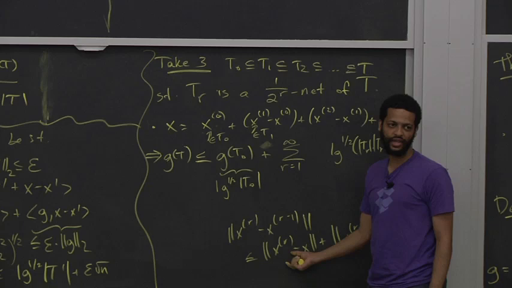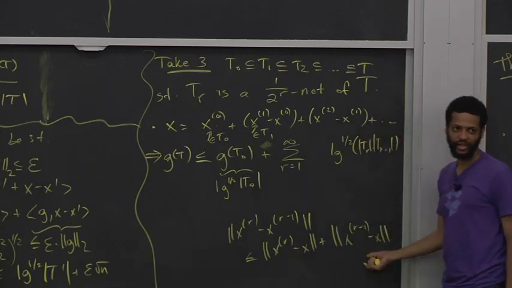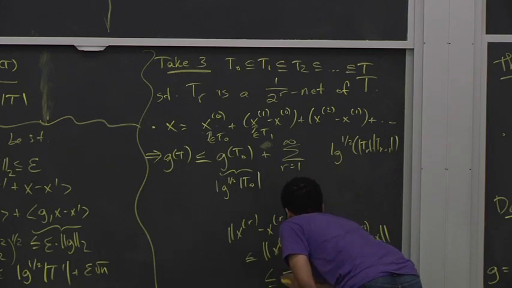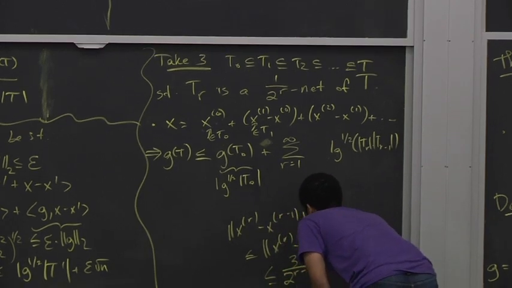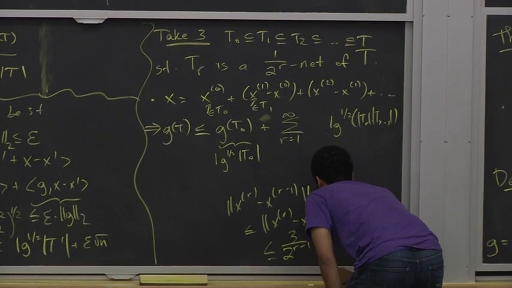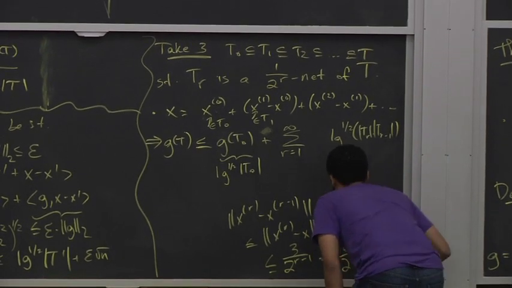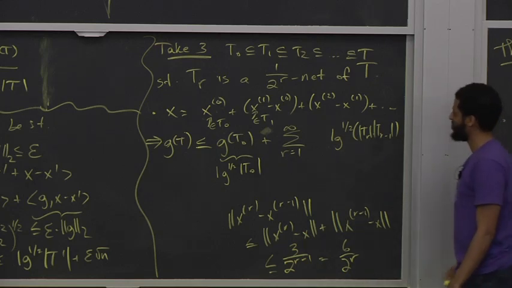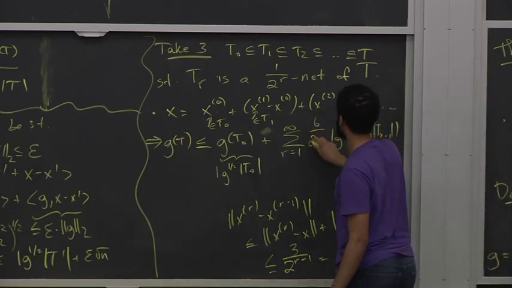This is at most 1 over 2 to the r. This is at most 1 over 2 to the r minus 1. So this is at most 3 over 2 to the r minus 1. Or, this is the same thing as saying 6 over 2 to the r or something like that. So I can put a 6 over 2 to the r here.